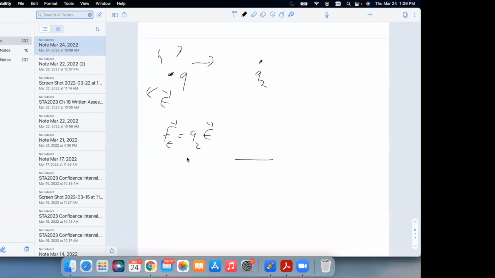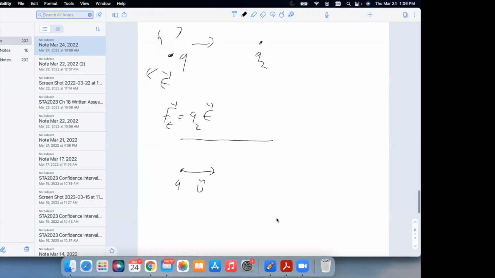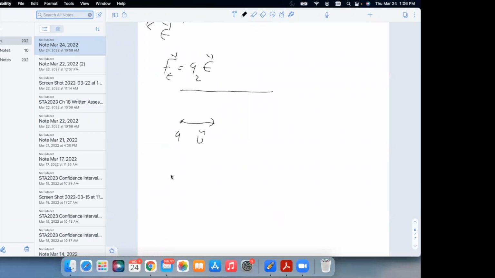Next is moving charges. So now I've got some charge here that's moving with some velocity v. That creates a magnetic field. So some B, some distance r away from here, will have B proportional to 1 over r squared, Q v cross r hat.